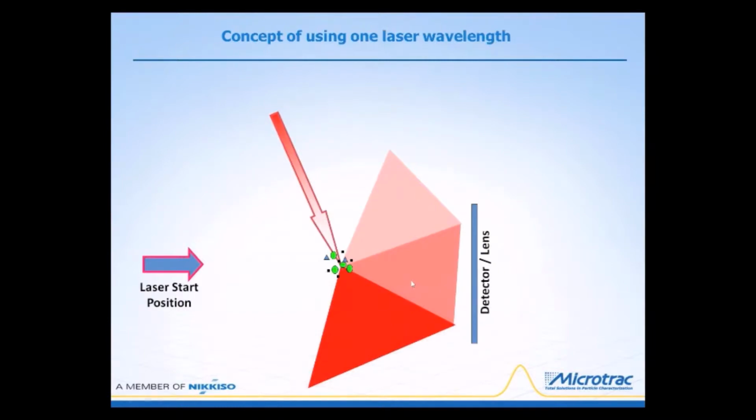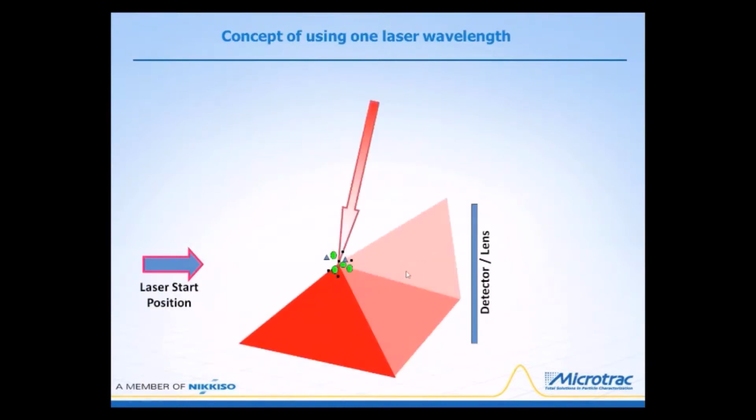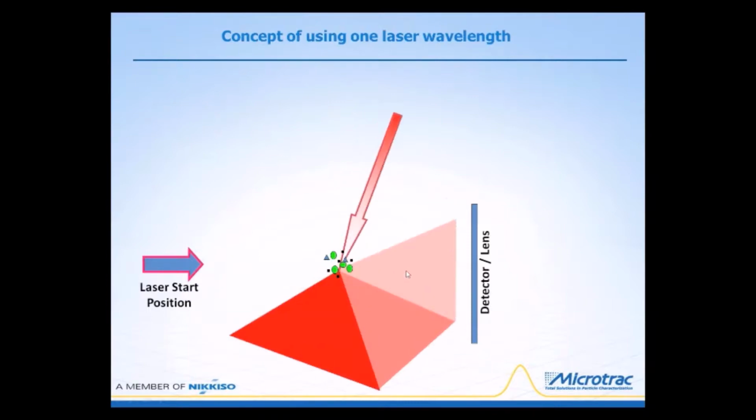In this location, we're starting to look into the smaller particles. As I continue to rotate the location of the laser beam, I can see the widest angle scatters. This allows me to see the coarse particles, the smaller particles, and also the finest particles just by rotating the laser from this location out to this location.